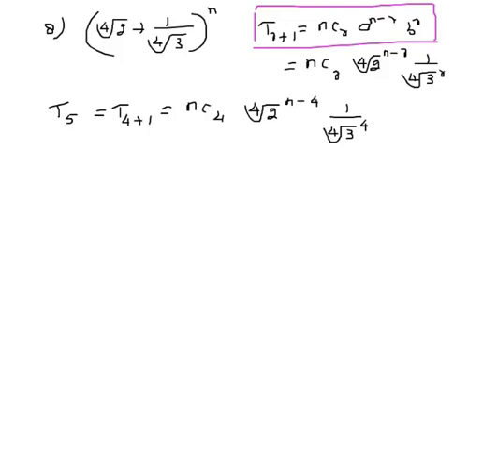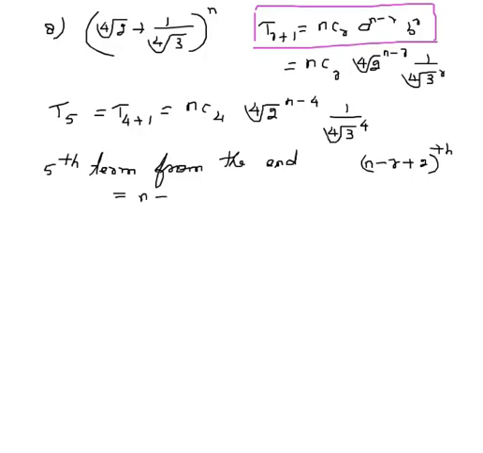Now we need the fifth term from the end. You can directly write, because the coefficients will be nC n minus 4, and this will be power 4 and this will be power n minus 4. Directly you may write, because both are fifth terms from the beginning and from the end, the fifth term from the end will be, the formula is n minus r plus 2th term from the beginning.